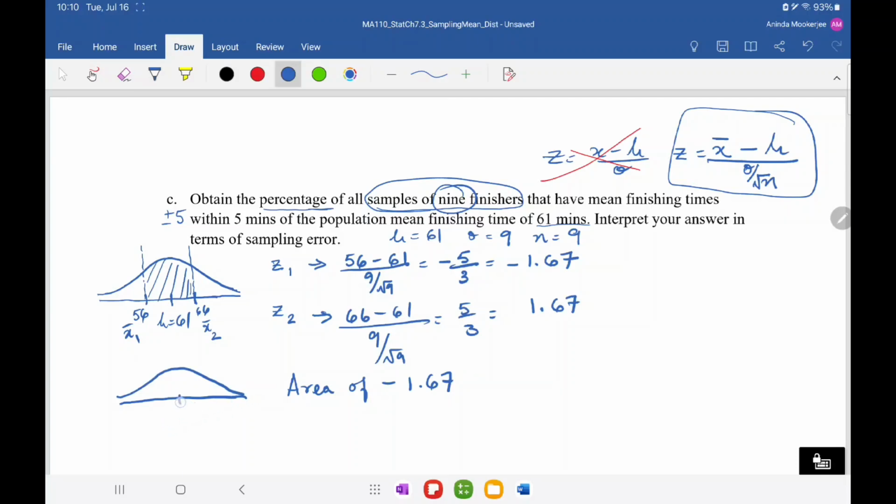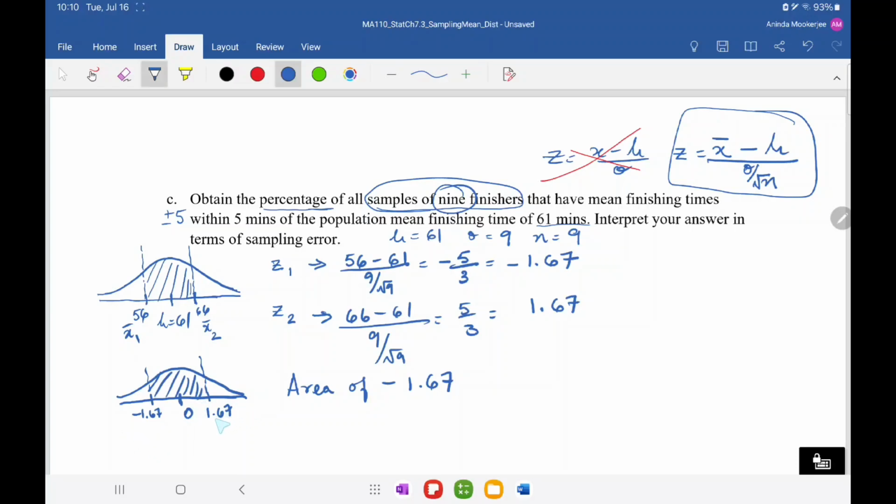All right, so now it's a standard normal curve. The center point is going to be a 0 because the mean is always located, mean has a z-score of 0. And then on one side, it's going to be negative 1.67. On the other side, it's going to be positive 1.67, and we are looking for this area in between these two z values, right?